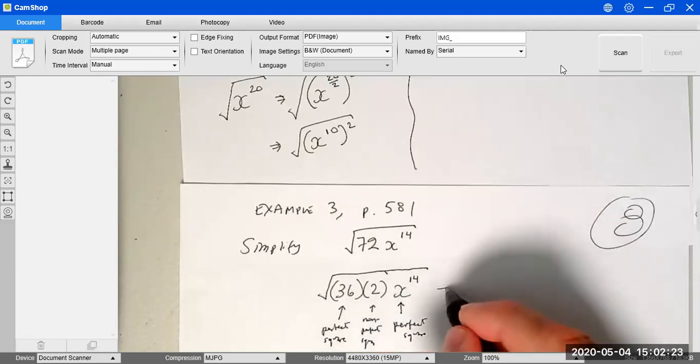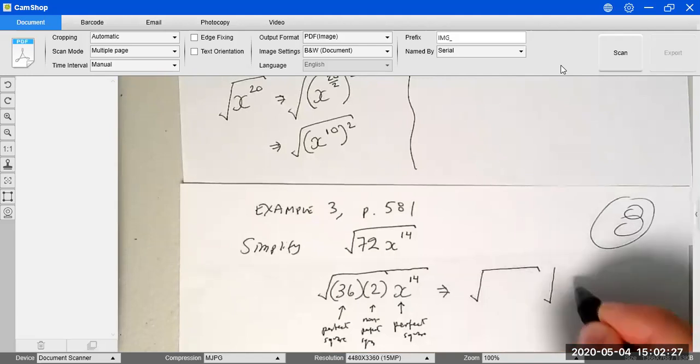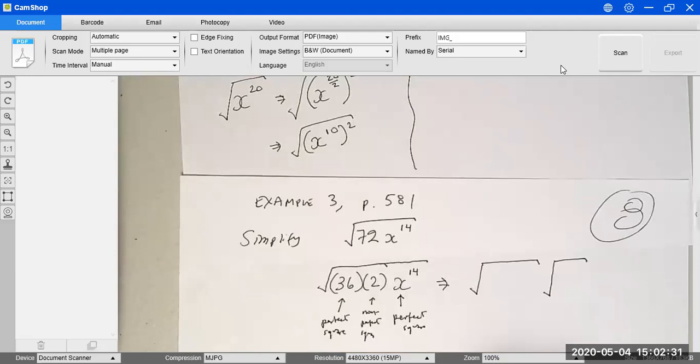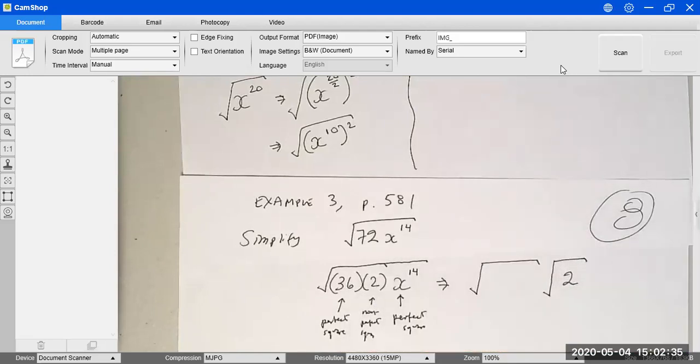So now I can break this into radicals. One radical is going to be for perfect squares and the other radical for non-perfect squares. The only thing that is not a perfect square is the number 2. So that goes there. So remember, this is the radical for non-perfect squares.